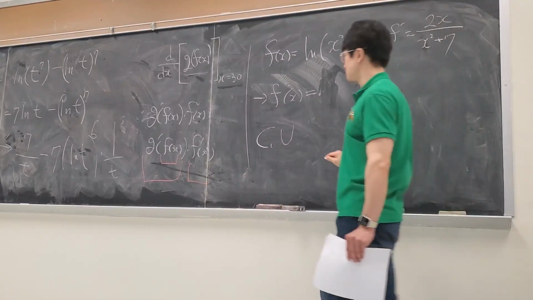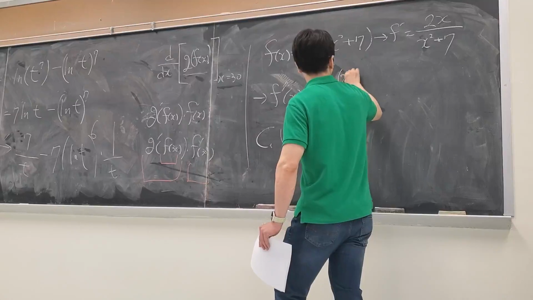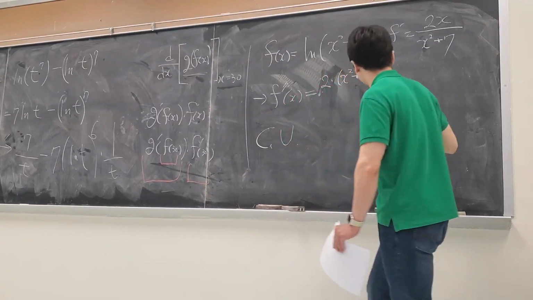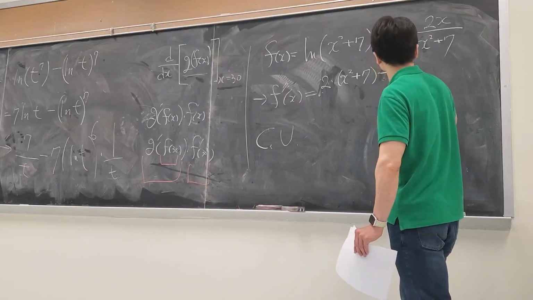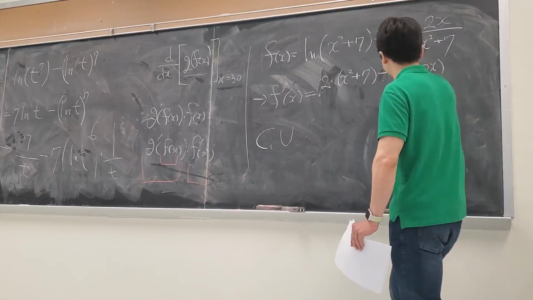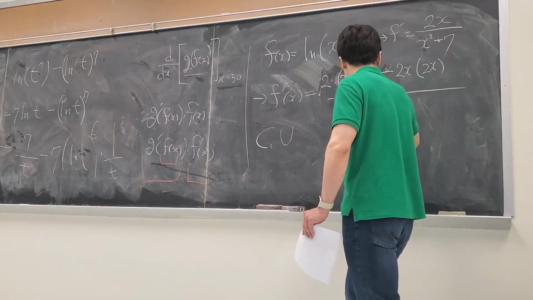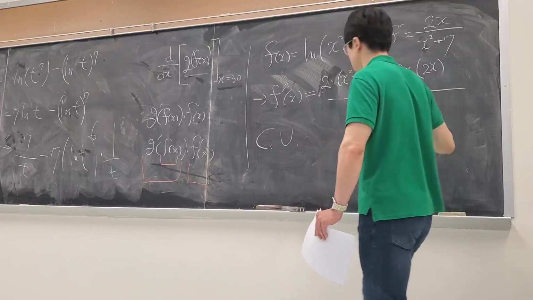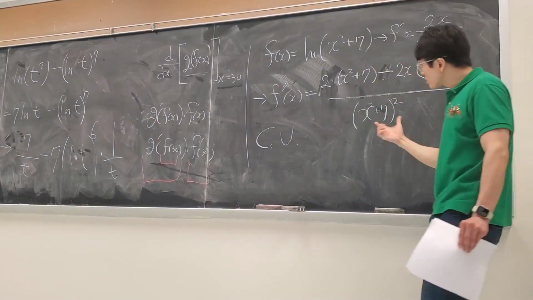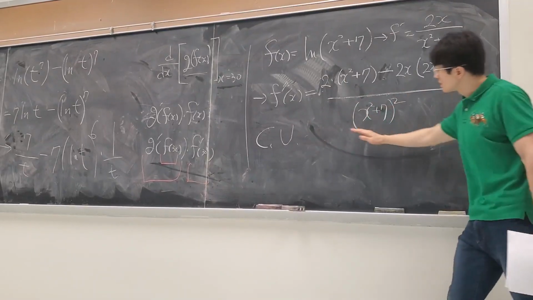It is 2 times x squared plus 14 divided by 7, minus 2x times 2x, over x squared plus 7, all squared. So if you want to find where the original function is concave up, then what should we do, guys?